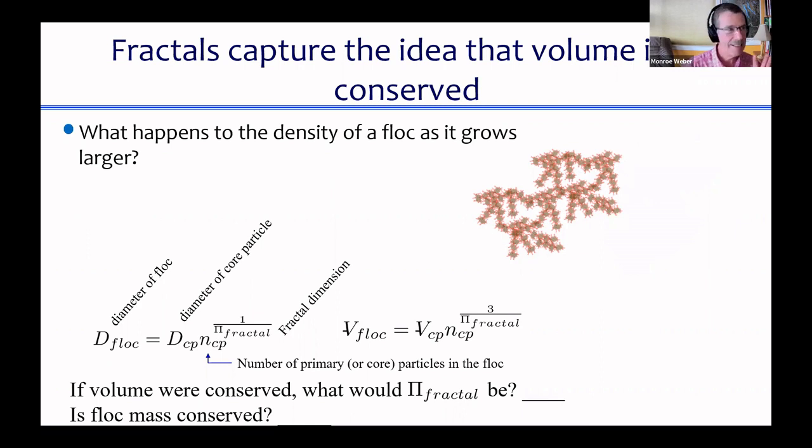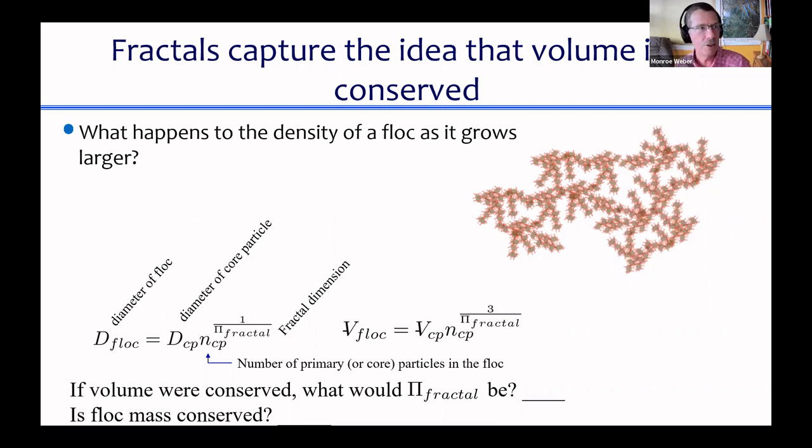Like when I added this second flock on, the new diameter that we would draw to include everything in that flock includes a whole lot more water. So adding that second piece on adds a whole lot more water to our flock. And so volume is not conserved, flock mass is not conserved.